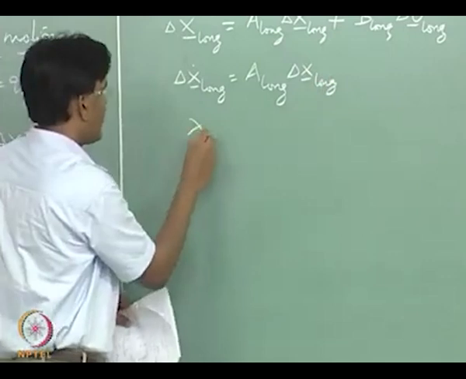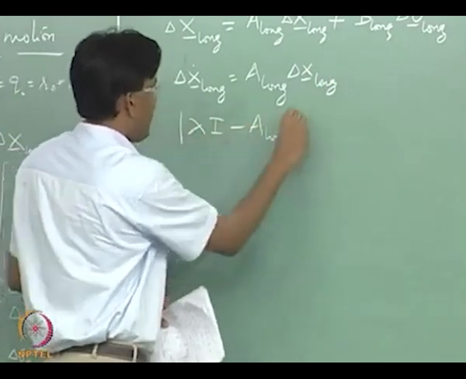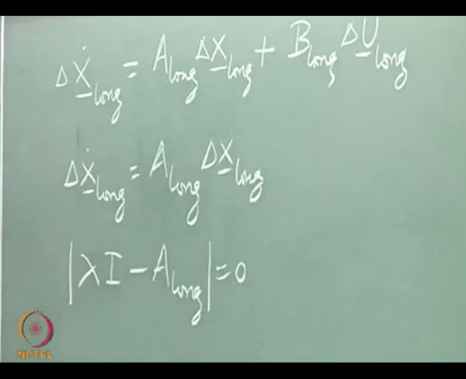So, we are solving this, right, and this gives me a quadratic equation in lambda. So, we will get 4 eigenvalues.